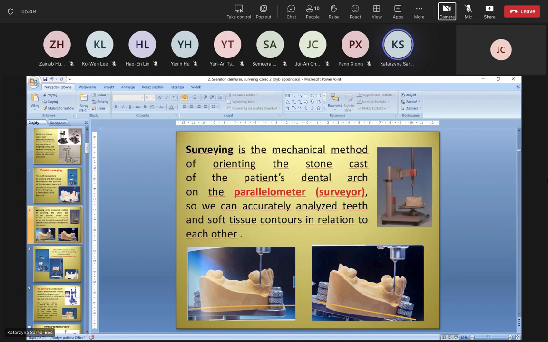Surveying is the mechanical method of orienting the stone cast of the patient's dental arch on the parallelometer surveyor. Here we have an example of a parallelometer surveyor, so we can accurately analyze teeth and soft tissue contours in relation to each other.